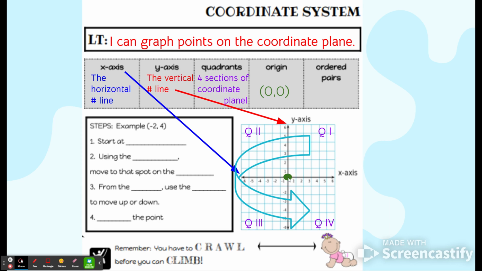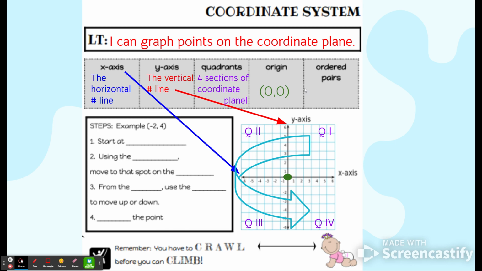Okay, so make sure you put a dot there to show your origin, and you can write the location of 0, 0 right by it, or write the word origin. You need to know that this is the origin of the coordinate plane.